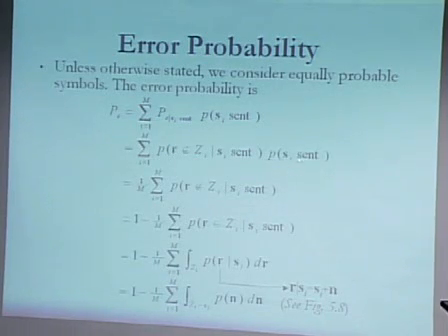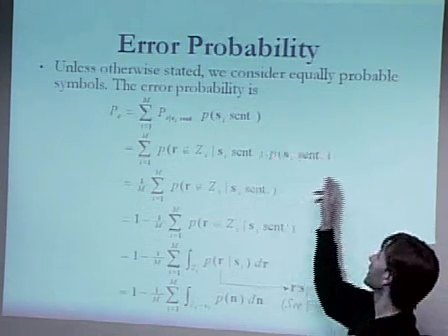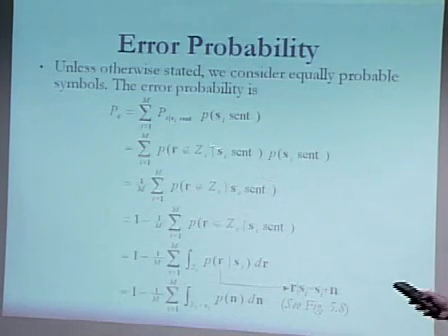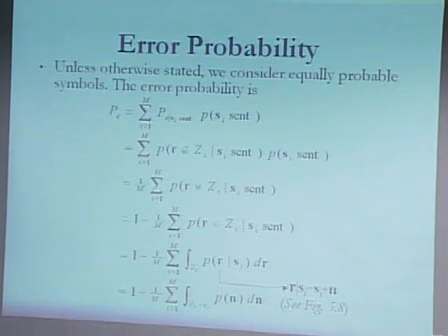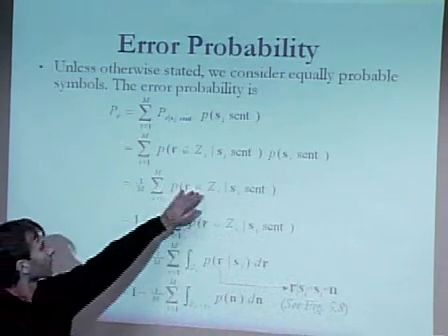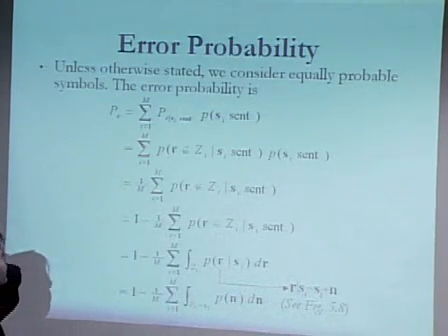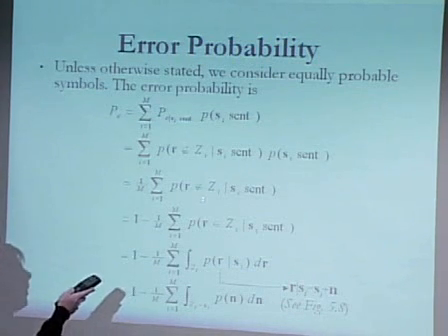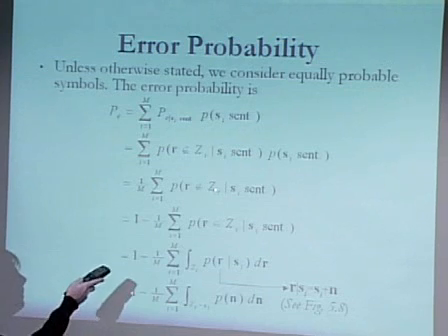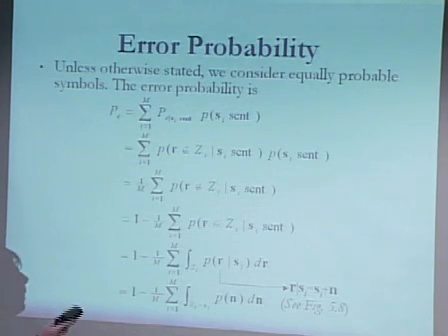Now since the points are equally probable, the probability of each of them being sent is just 1 over capital M. So we can just take this out of the summation. It's a constant. Now, the probability that the received vector R falls outside the ith decision region is equal to 1 minus the probability that it falls inside the region.